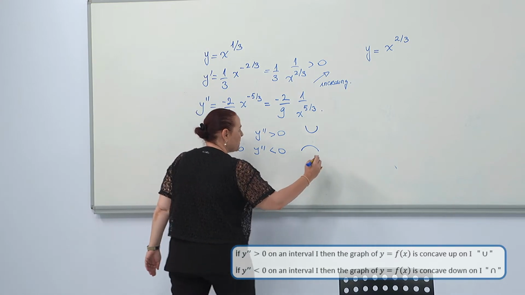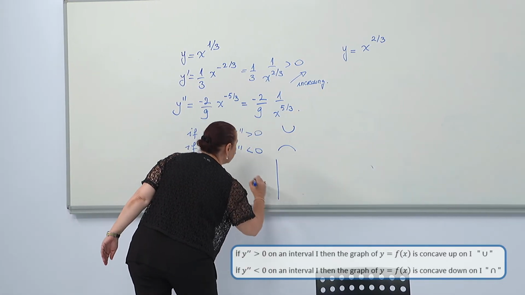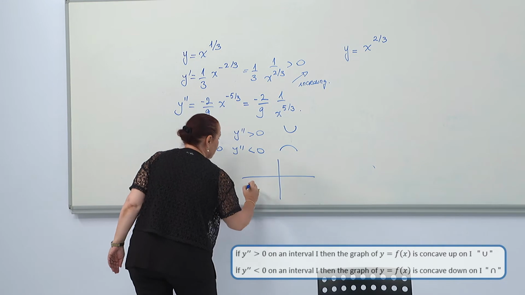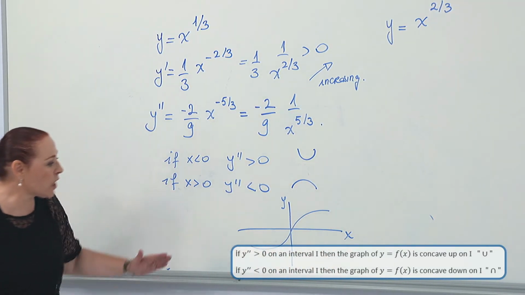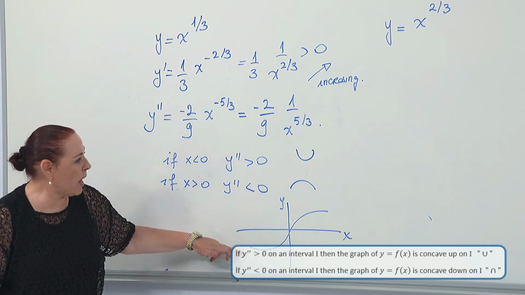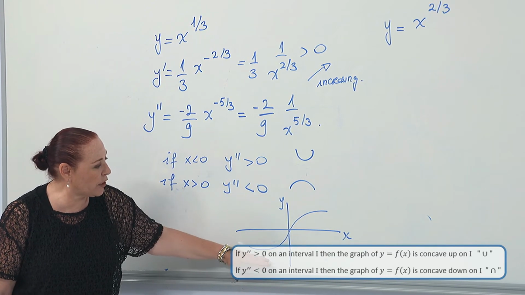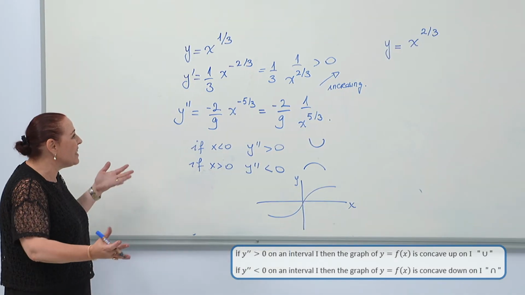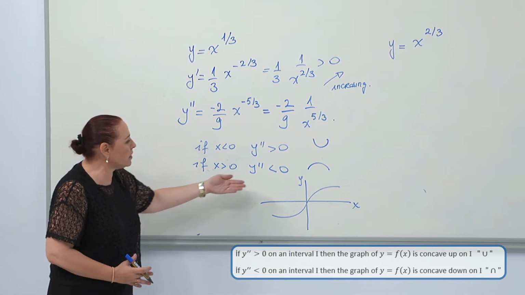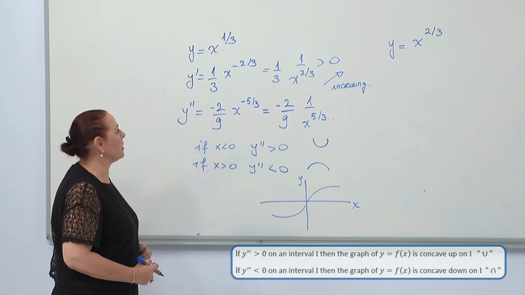If you graph this function, this is how it looks. So it's always increasing, but first increasing concave up, then increasing concave down. So you can see that increasing or decreasing has nothing to do with concavity.